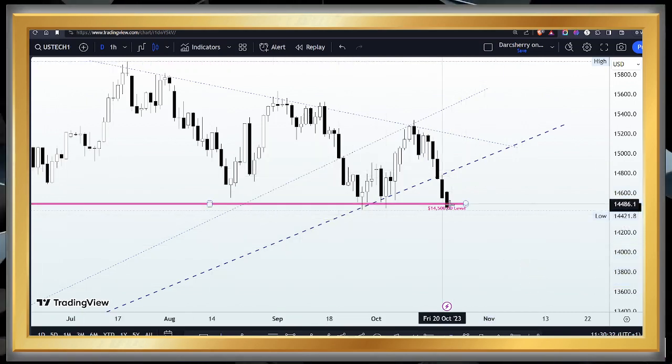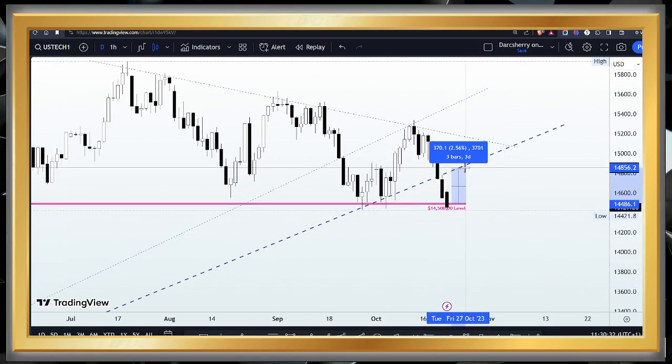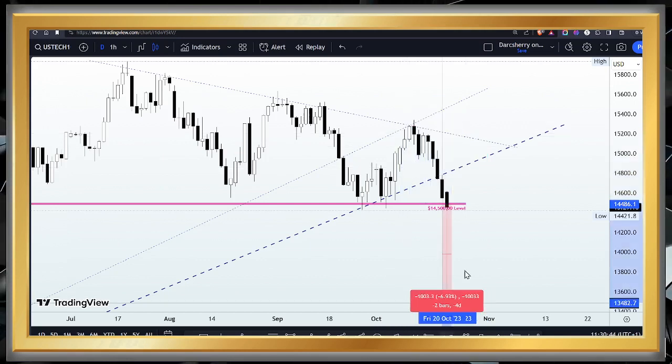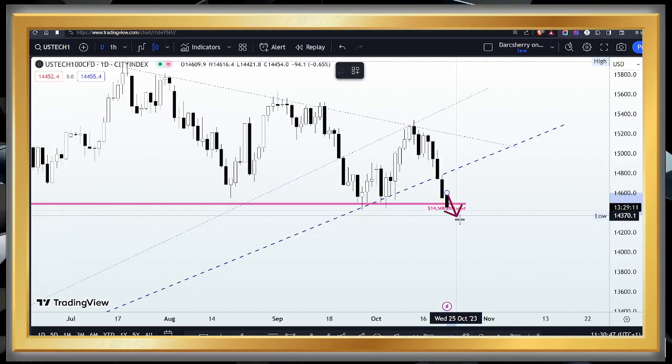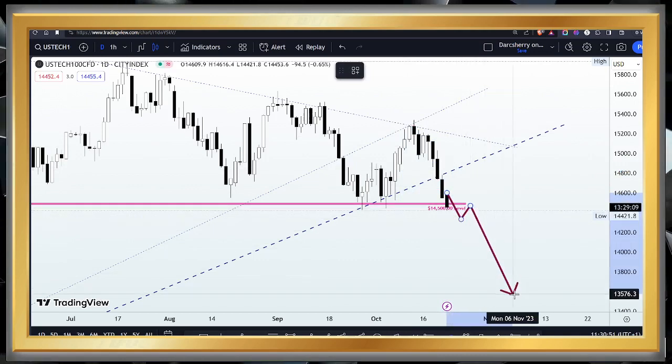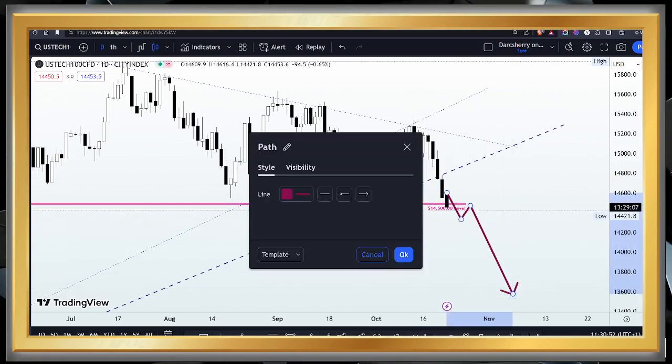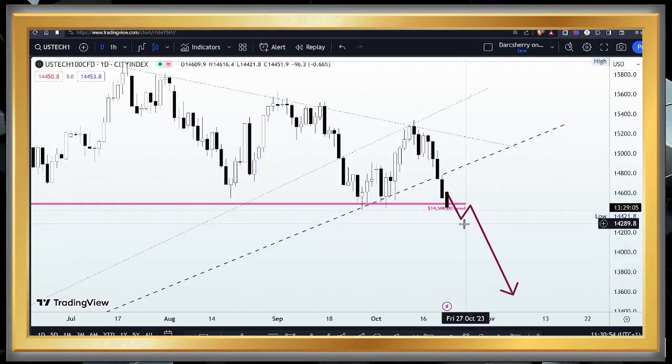So if we see buy pressure here, we know that we have a minimum of about 350 pips to catch, with the expectation of a retracement into the ascending trend line before the downtrend continuation happens. And in fact, if we see price break down the 14,500 retest structure, then this is obviously going to be a beautiful confirmation to join the downtrend.